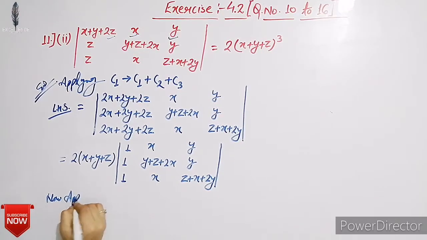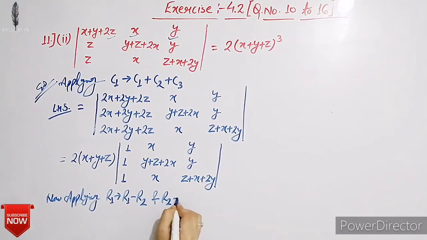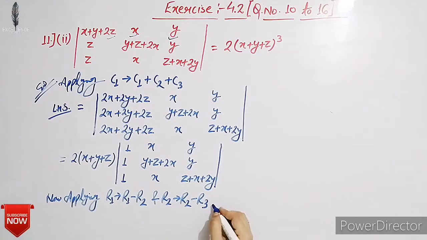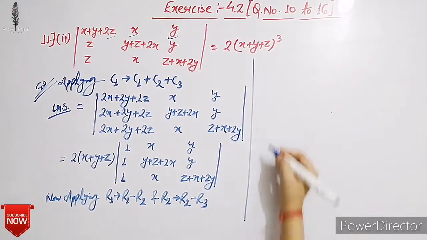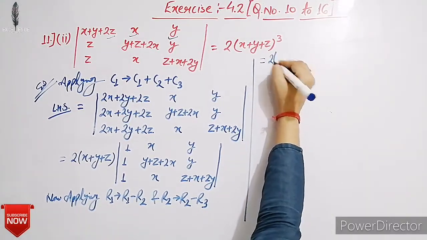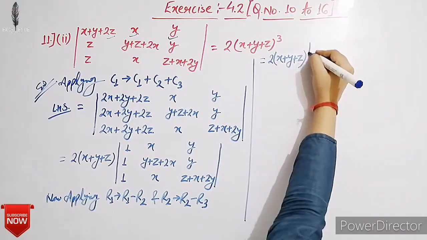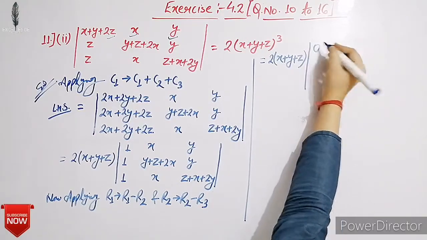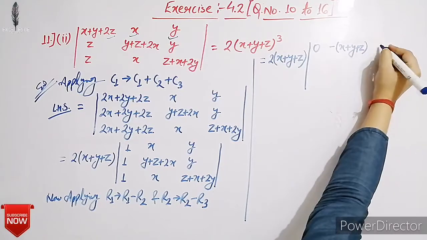So now applying the change, R1 is such that R1 minus R2 and R2 is such that R2 minus R3. It is equal to twice of x plus y plus z into here 0, here minus x plus y plus z and here 0.